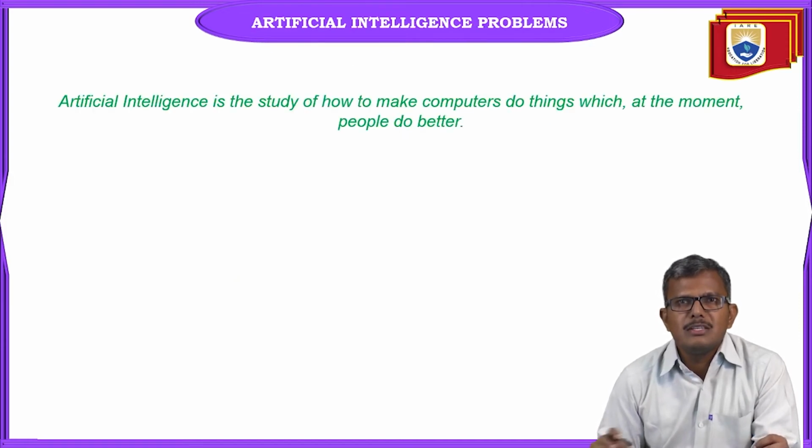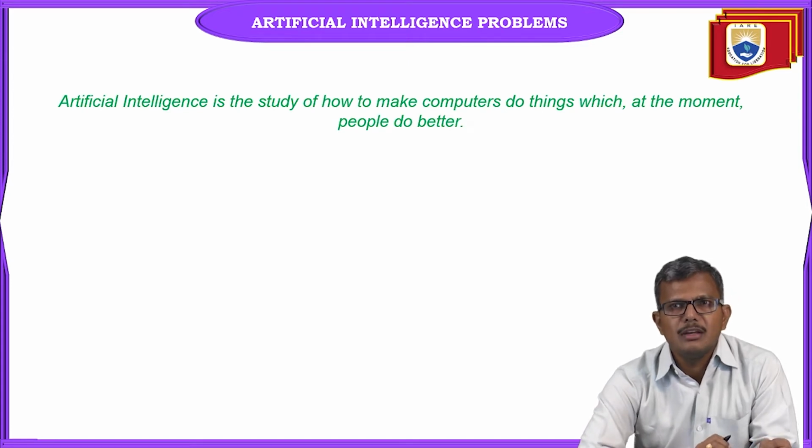We can say that artificial intelligence is the study of how to make computers do things at which, at the moment, people do better. Already I spoke that the two parties involved in this area are humans and machines. Humans are working on problem solving, and machines are also working on problem solving itself.